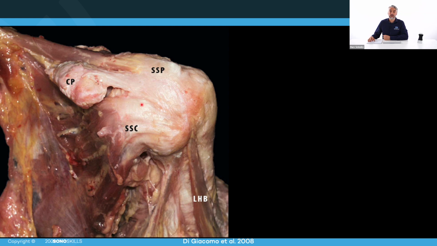The subscapularis is really broad, so don't stay too proximal on a subscap, because a lot of people miss damage, injuries to the more distal subscapularis. So make sure that you fully screen the whole tendon from proximal to distal.